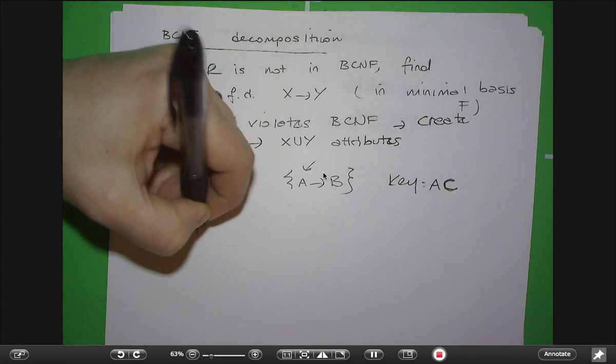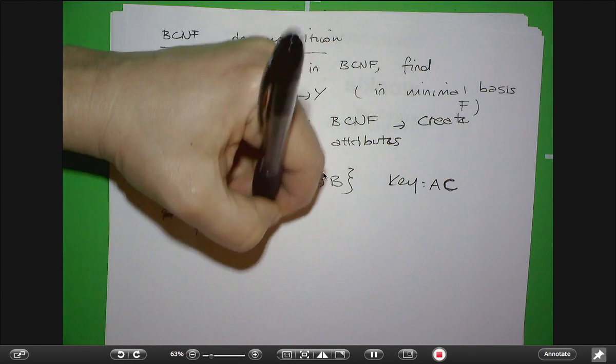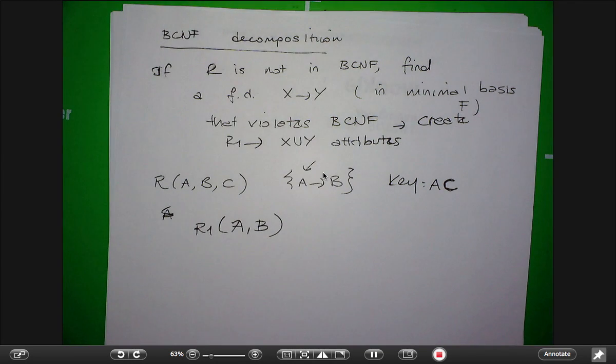So I'm going to create one relation that has A and B. Take everything that A implies, put it in one relation. Then create the remaining relation.